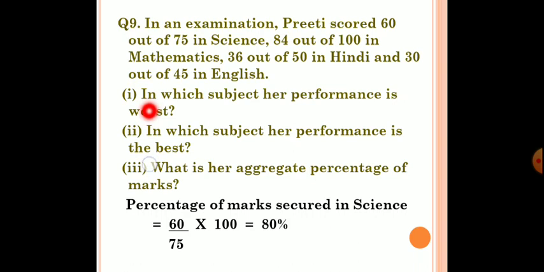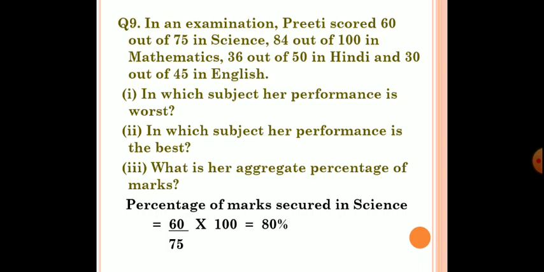In the first part they are asking in which subject her performance is worst. Second part, in which subject her performance is the best. Third part, what is her aggregate percentage of marks. Now see, first thing is we cannot compare these marks in this way, as each of the subjects has different maximum marks.